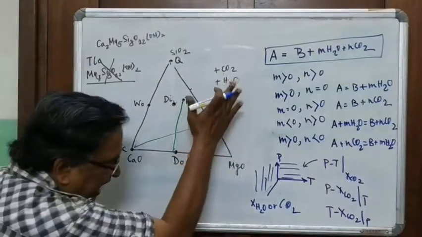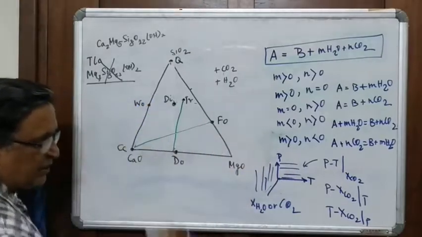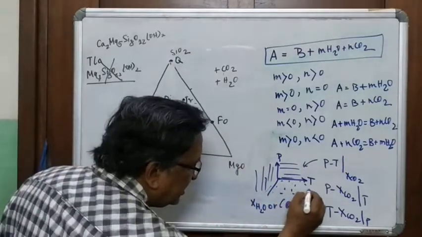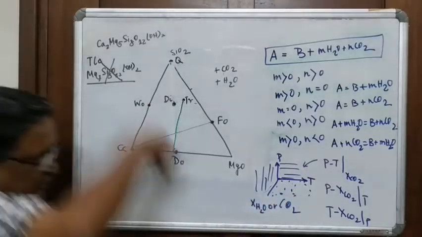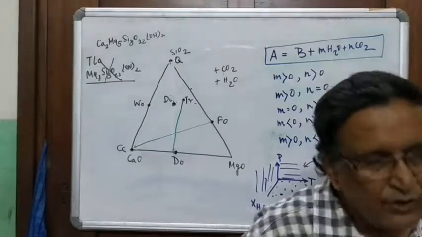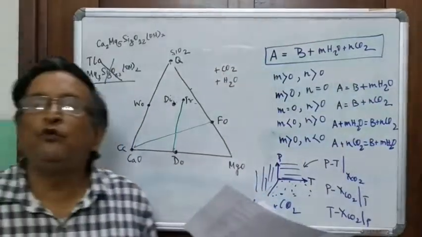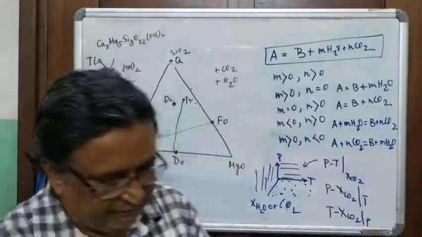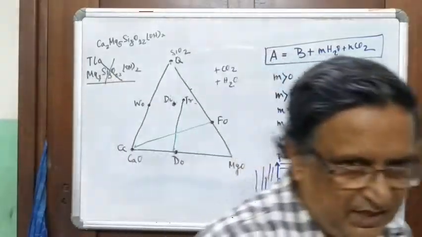Or you're looking at a PXCO2 diagram where T is constant, or you're looking at a TXCO2 plane at constant pressure. So these are the three spaces that you can look at to find out how the reactions behave. Have you understood? That is an important point at the moment.